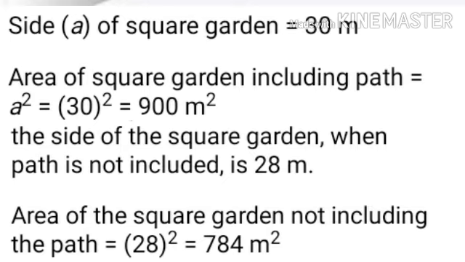So area of square garden including path, side square, is equal to 30 square is equal to 900 meter square. The side of the square garden when path is not included is 28 meter. So area of the square garden not including the path is equal to 28 square is equal to 784 meter square.